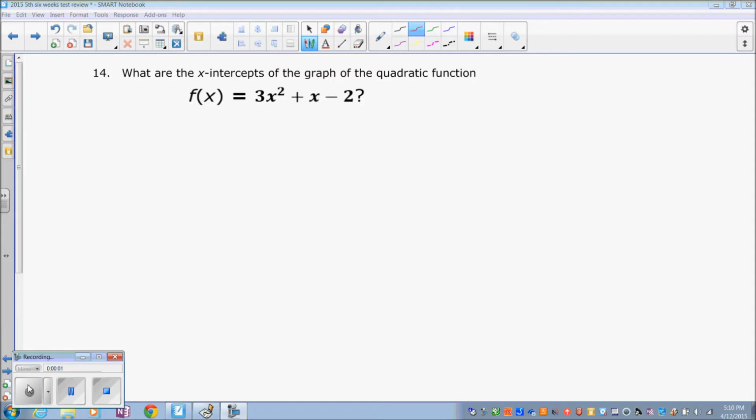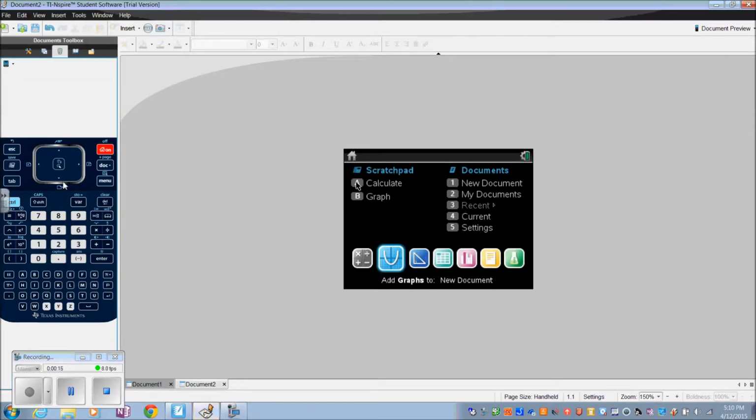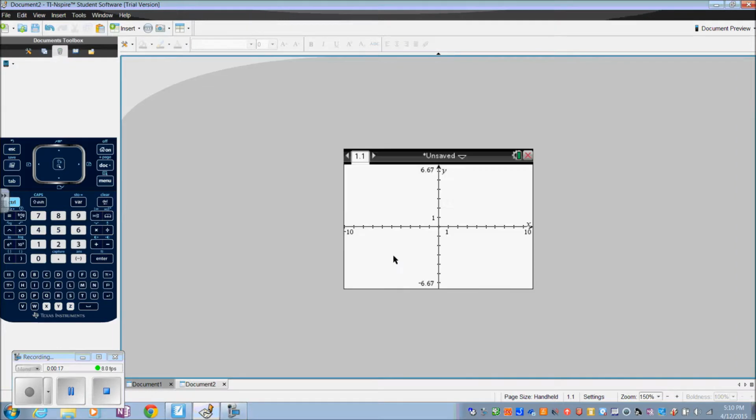Number 14, what are the x-intercepts of the graph of the quadratic function f of x equals 3x squared plus x minus 2? Now, we need to see the graph so that we can look and see what the x-intercepts are. So I'm going to go to my calculator, and I'm going to graph it. Hit tab. We've got 3x squared plus x minus 2.